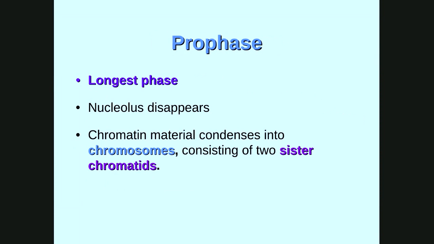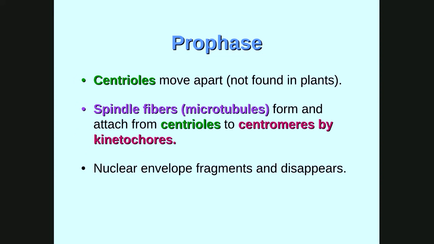Now we are coming towards the prophase stage, the first stage of mitosis karyokinesis, and that is the longest phase, where the nucleolus disappears. Chromatin material condenses into chromosomes consisting of sister chromatids. In prophase, centrioles move apart; they are not found in plants. In animal cells they move apart to the sides for spindle formation.